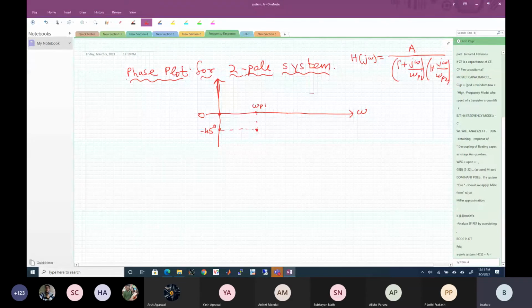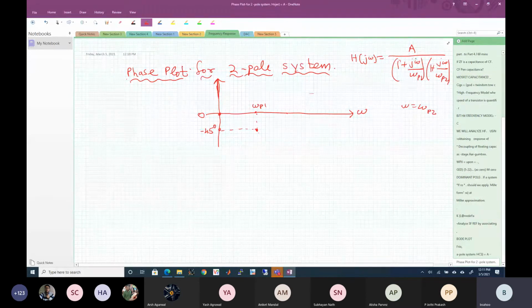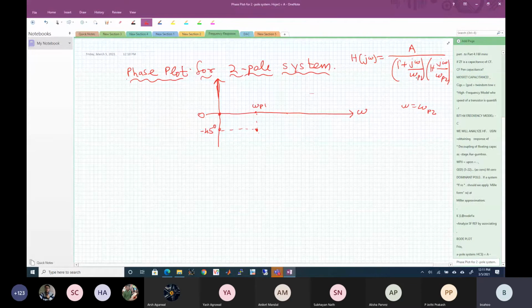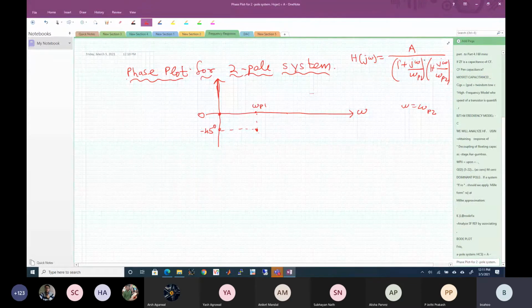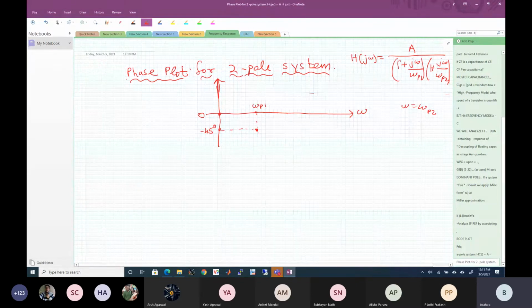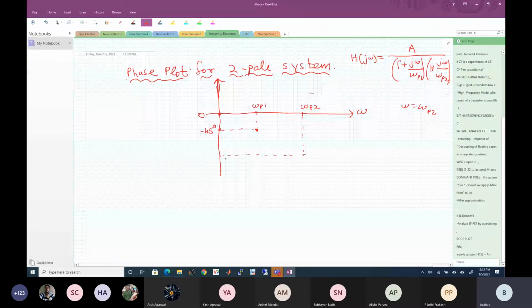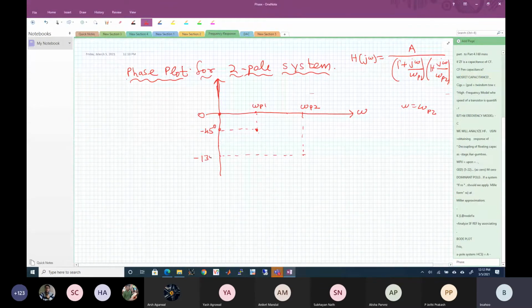Now at omega equal to omega P2, this number will be large, right? So this part will give a 90 degree phase shift, and this part will give you a 45 degree phase shift. So the total phase shift at omega equal to omega P2 is going to be minus 45 minus 90, which is minus 135 degrees.